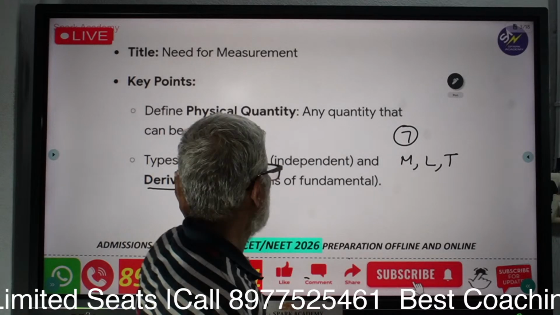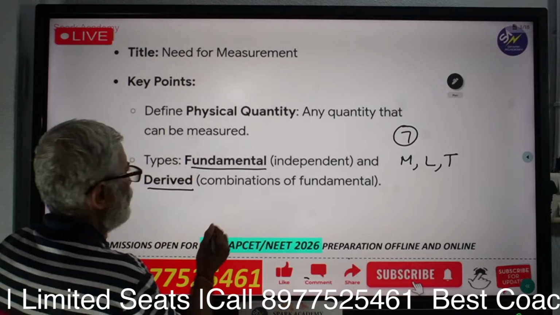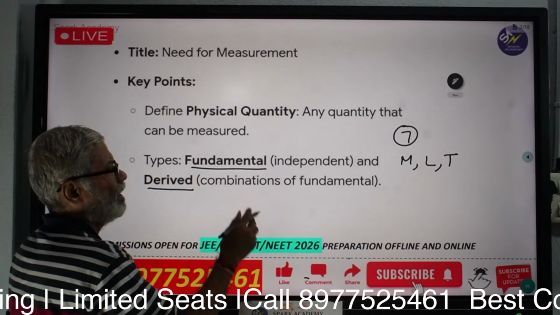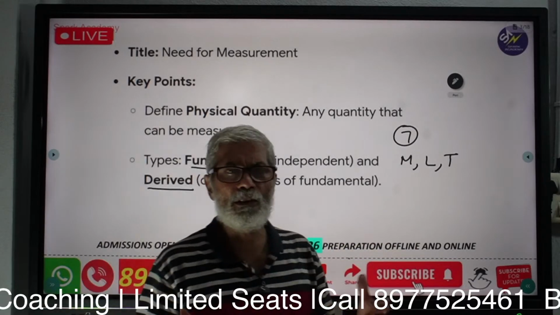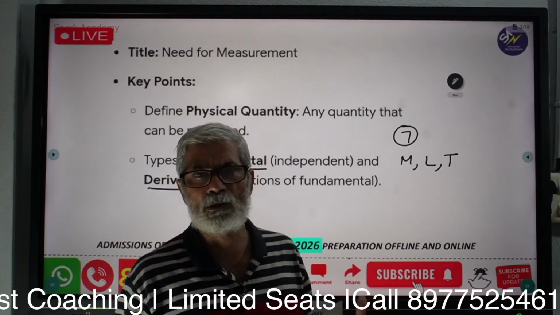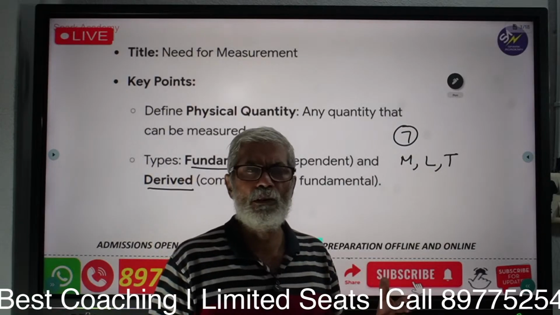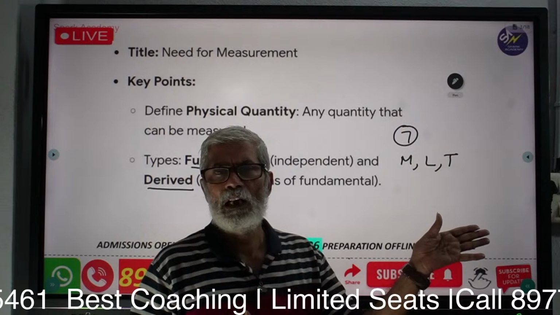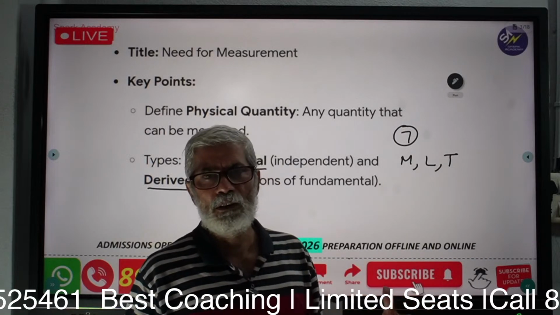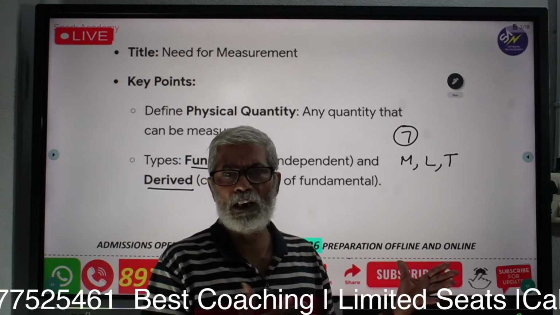Okay. Now, other physical quantities are derived in nature. Derived in nature means you have to discuss that particular situation. Suppose I say force. When you apply a force, a body will move with some acceleration, and the mass of the body is involved. So force will be mass into acceleration.